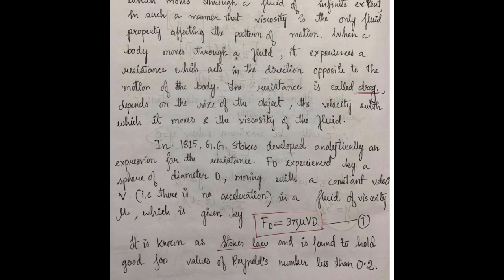In 1815, G.G. Stokes developed an expression analytically for the resistance Fd, and it is expressed by Fd equal to 3 pi mu V d.